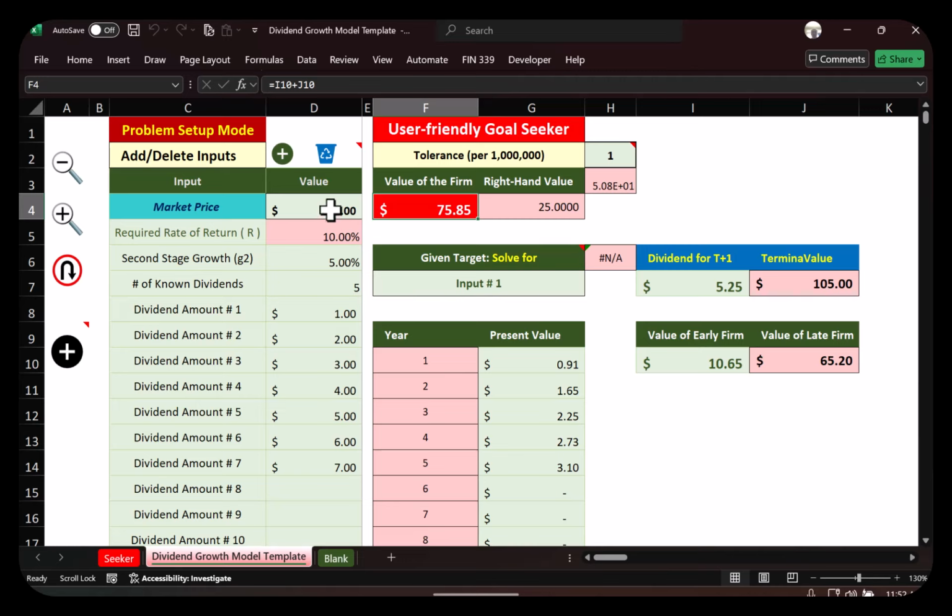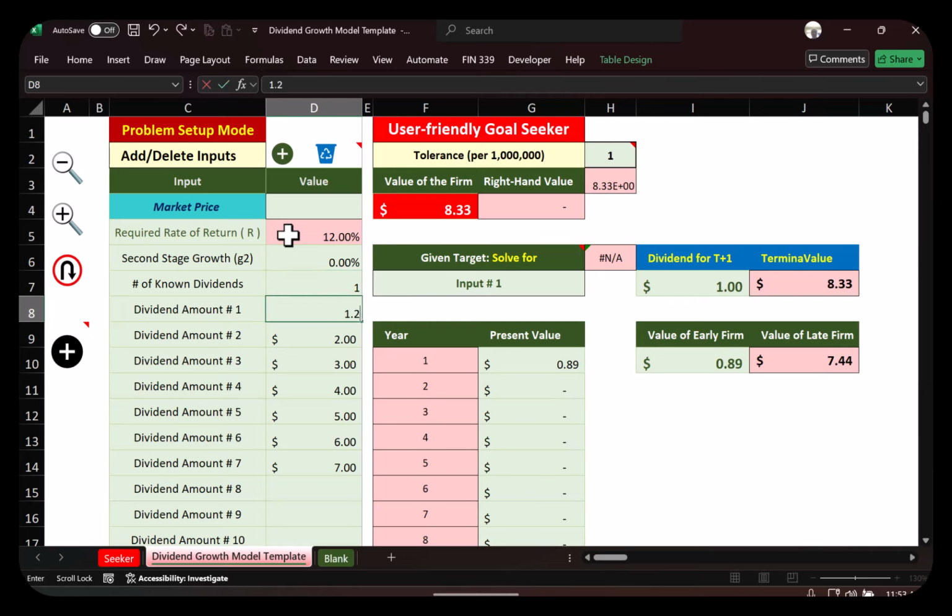For now, I don't need to know what the market price is, but there's an arbitrary number there. In fact, I'm going to make that just blank. My required rate of return is 12, growth rate is 0, T is 1, and buck 25 is the value of the firm.